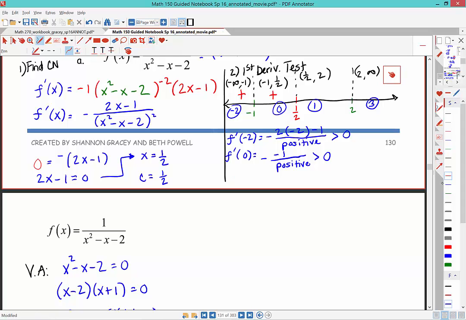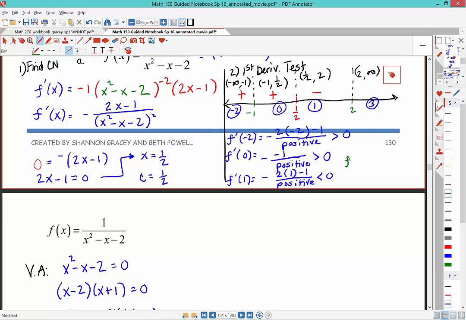And now if we look at f prime at 1, we would get 2 times positive 1 minus 1 over a positive. And that one, 2 minus 1 would be positive 1, but it would flip to be negative. So you'd have a negative over a positive, so you'd get less than 0. And then at 2, what's going to happen?